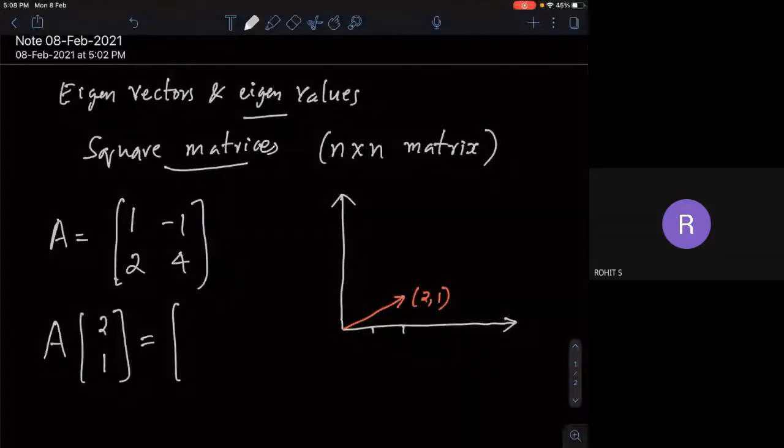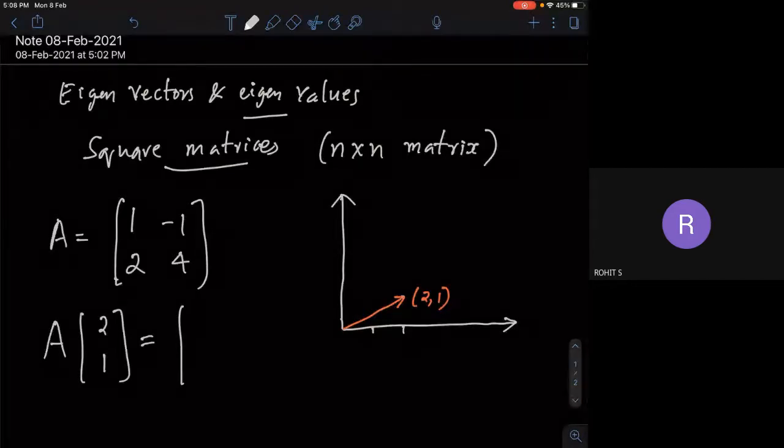Sorry, what is the answer? Wait, I messed up. So it is 1, 8.